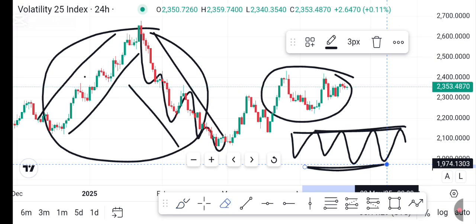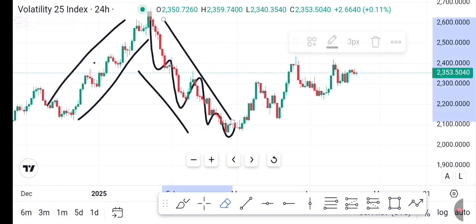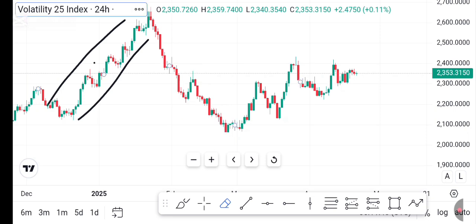So we have seen how we identify the downtrends and the uptrends. Now let us see how we can mark our downtrends and uptrends. We see right now what the market is doing.